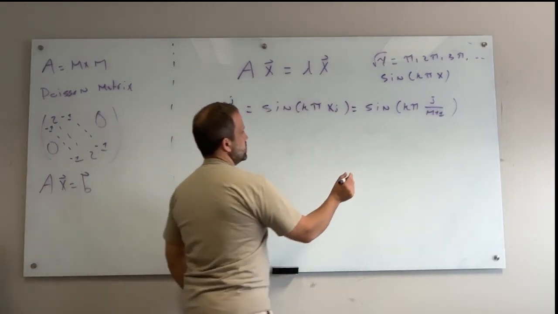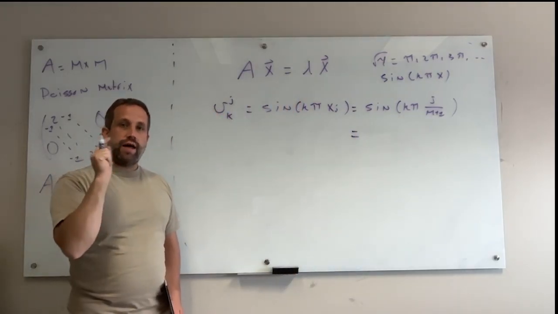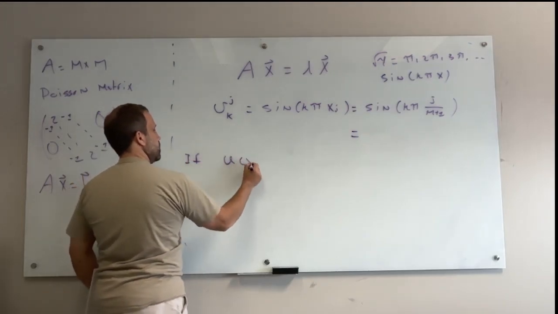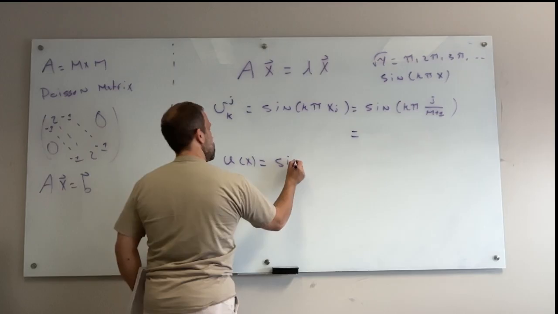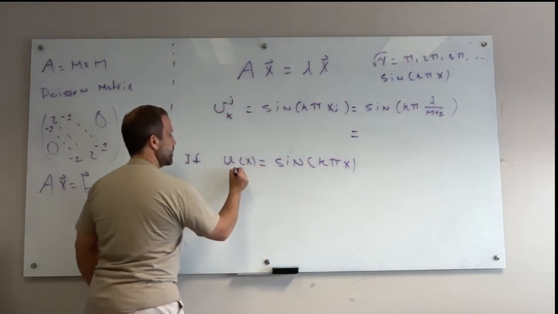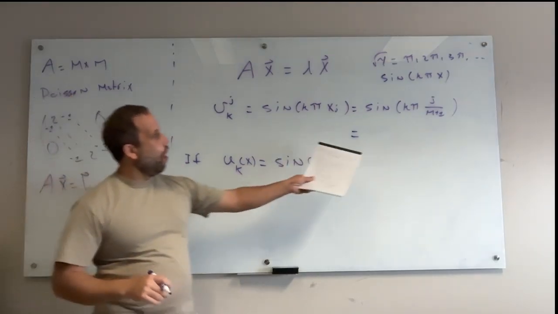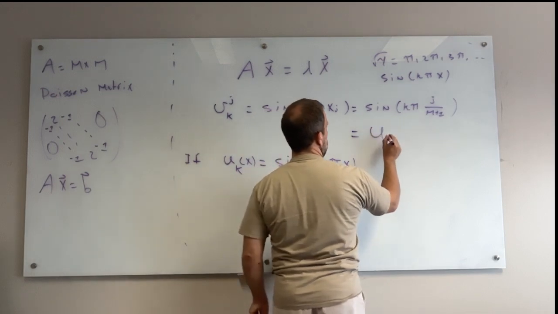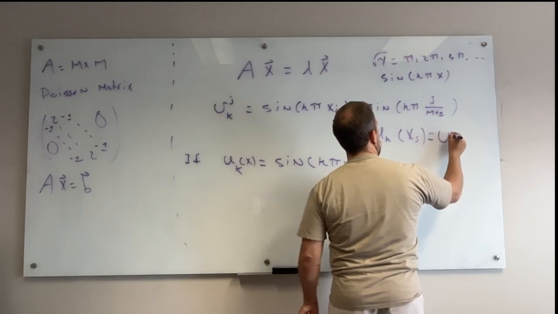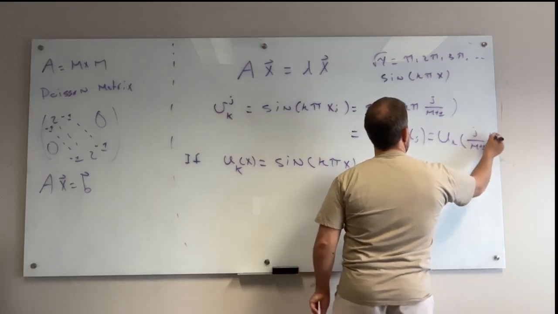So if u_k of x is equal to sine of k pi x, all this is just equal to u_k evaluated at xj, or that's u_k evaluated at j over m plus 1.